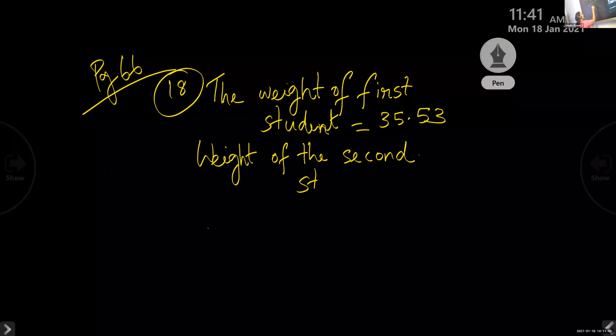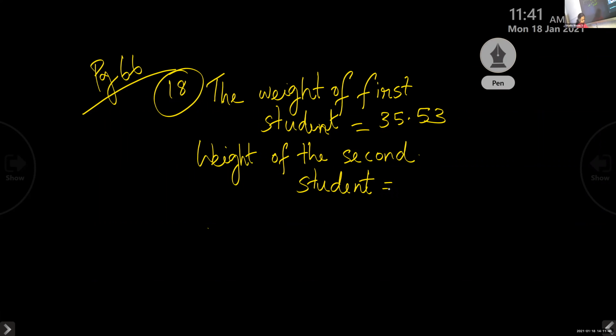Weight of the second student, which is equal to 35.532 kg, kilogram.